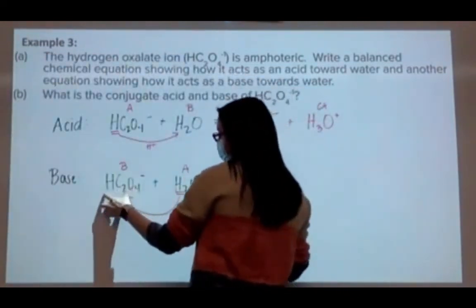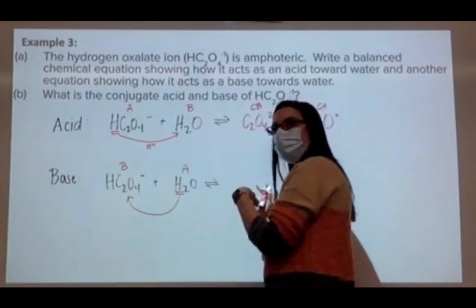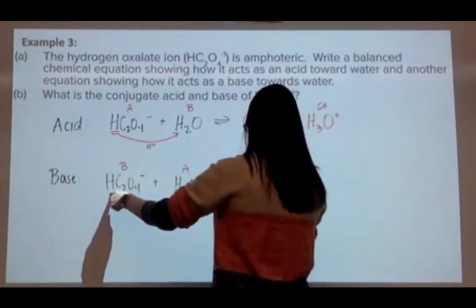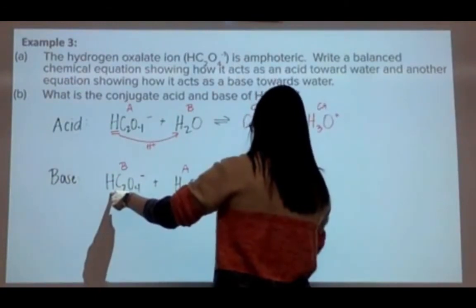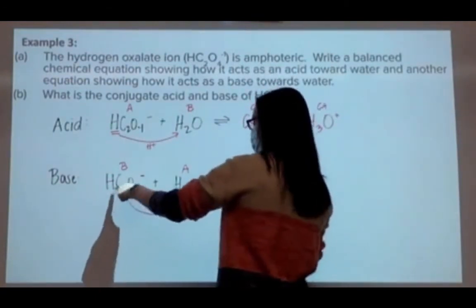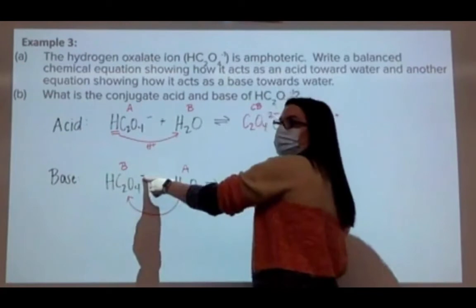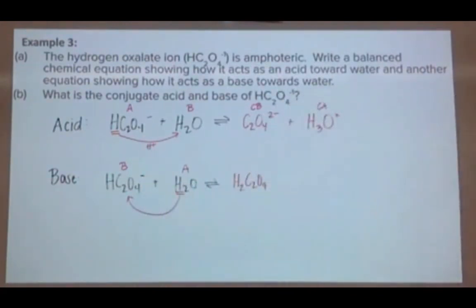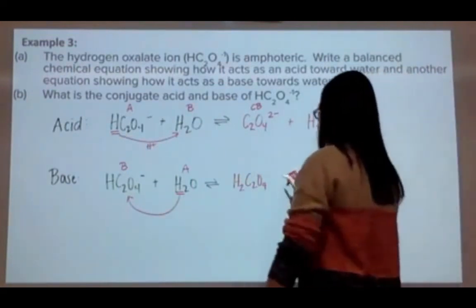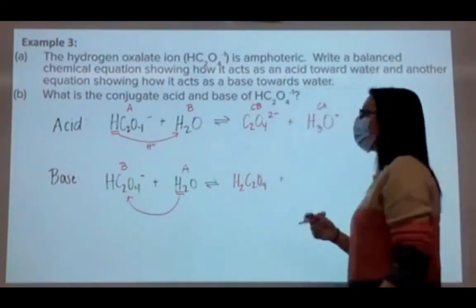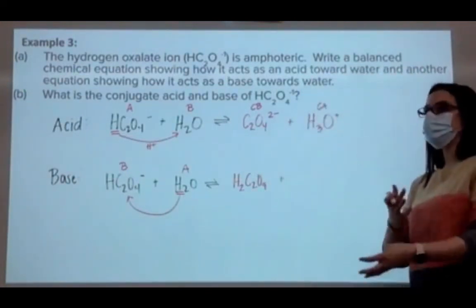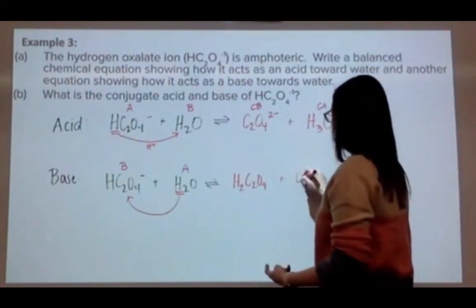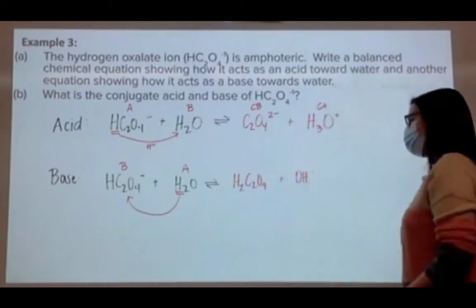After hydrogen oxalate accepts a proton from water, we're adding an H, so H2C2O4, and you're adding 1 to the charge. So it becomes neutral, becomes oxalic acid. And then after water donates a proton, it loses an H and a +1, becomes OH-.